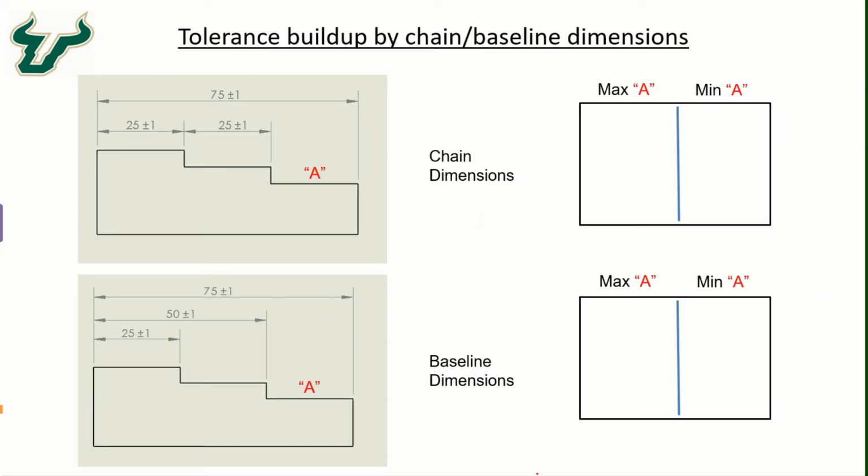Let's take a look at an example where we assign the dimensions using either the chain scheme or the baseline scheme. If we look at the chain dimension scheme, the two steps are provided with dimensions of 25 plus minus 1 each, and the overall dimension is 75 plus minus 1.